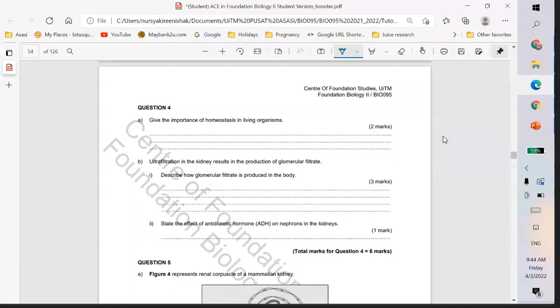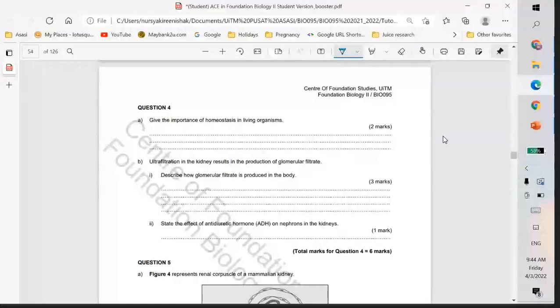And the last one, maintain constant internal environment although external environment is changing. So if the weather is cold, how does your body adapt to warm up the body back to the normal body temperature? If the weather is too hot, how does your body adapt to make sure that the body temperature is maintained at 37?